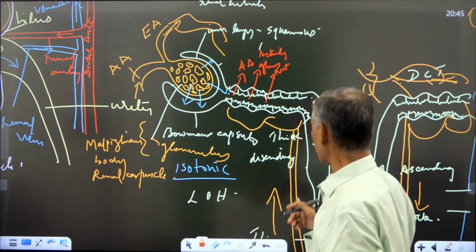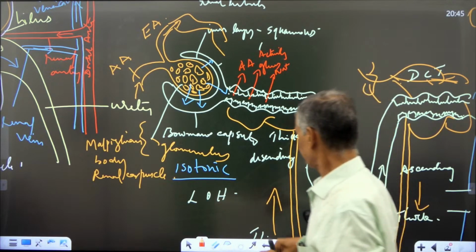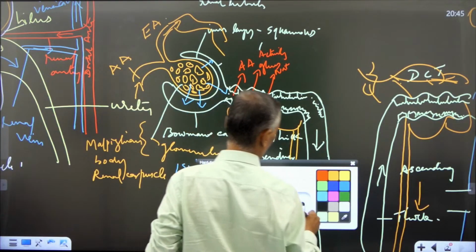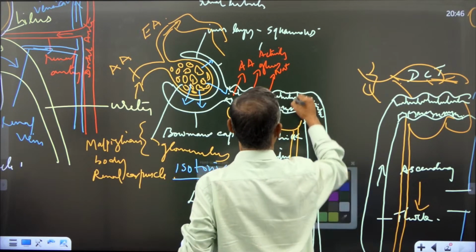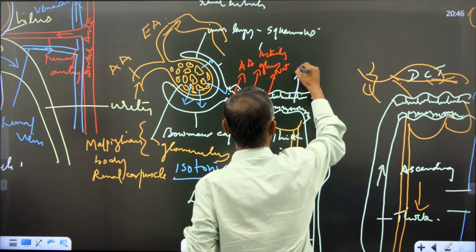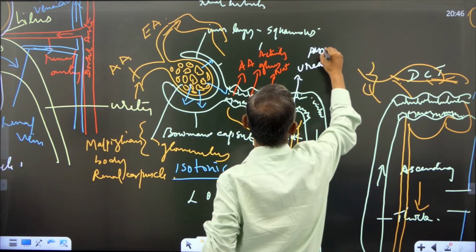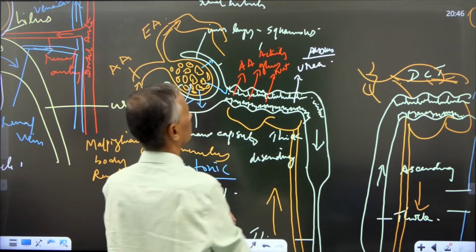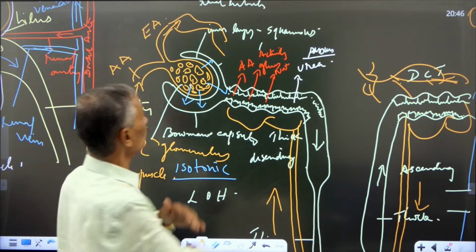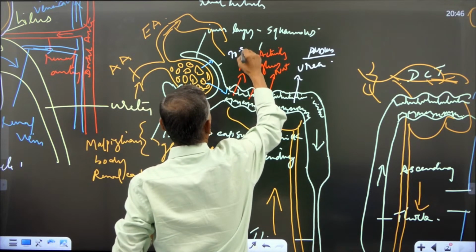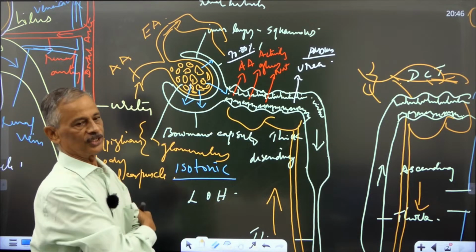Now, there will also be absorption of other minerals like sodium. Along with that, there is some passive absorption of a small amount of urea. This is passive. So 70 to 80% of electrolytes are absorbed as it passes through the PCT.